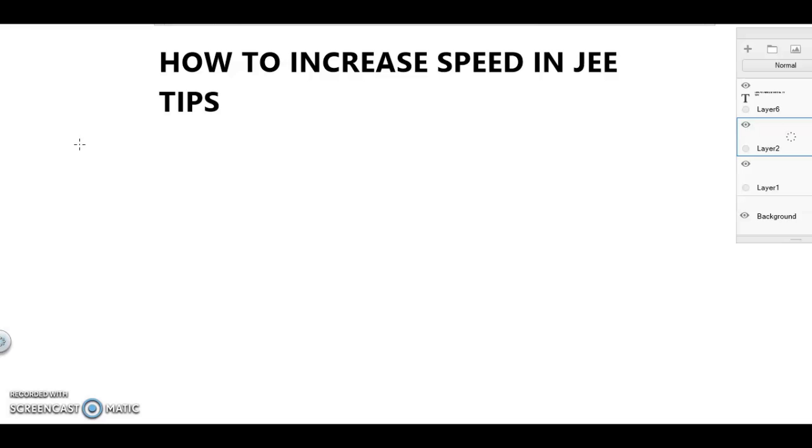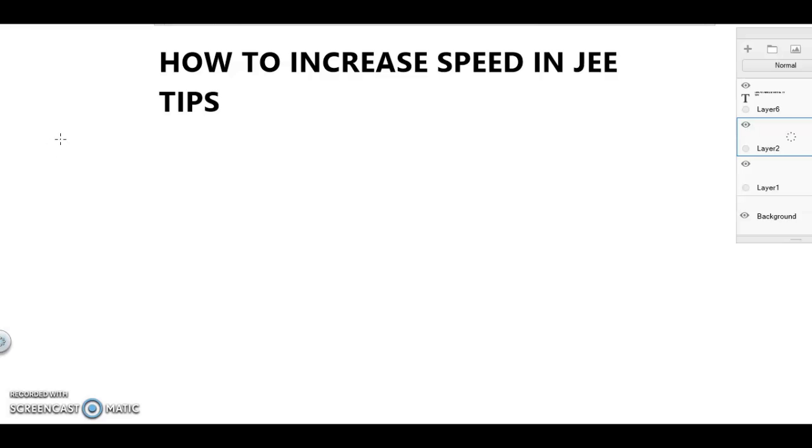In JEE Mains I got very few marks in class 12 because I didn't have good resources at that time. But I improved myself, qualified JAM 2019 with around 800 rank, and qualified GATE mathematics with all India rank 339. So from my experience I will share the tips.